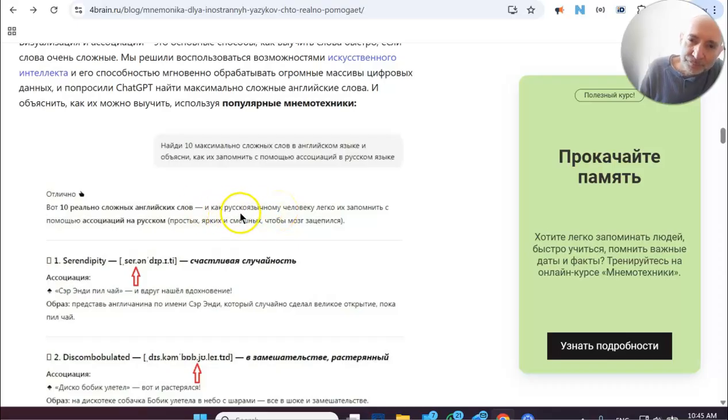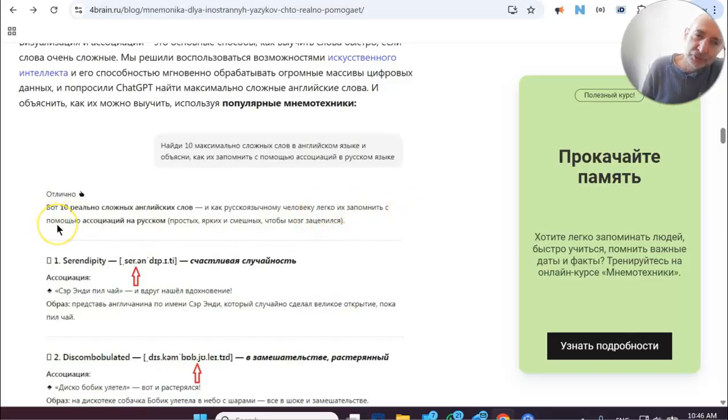And how a Russian-speaking person легко, easily, их запомнить, remember them. So if we want to make it into more normal English: and how to remember them easily for a Russian-speaking person.